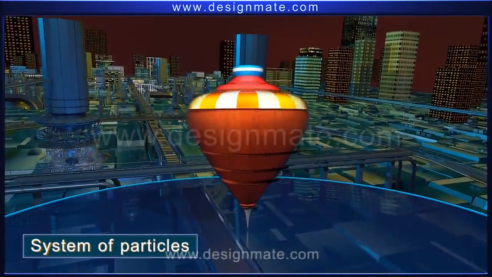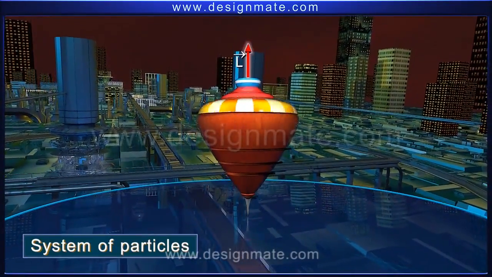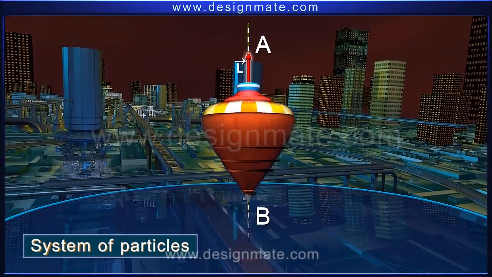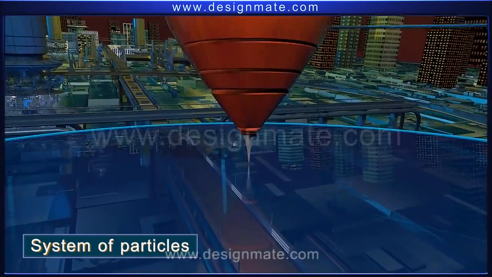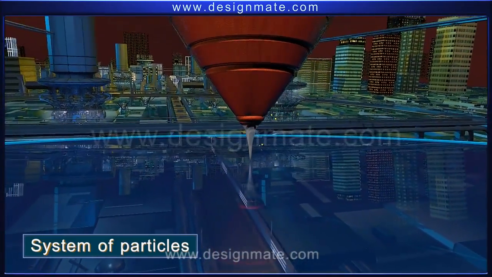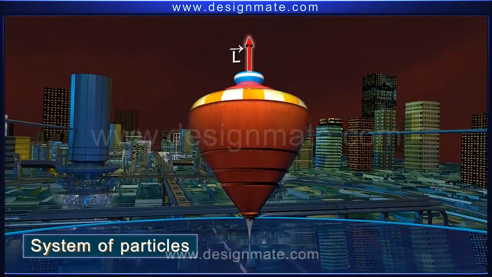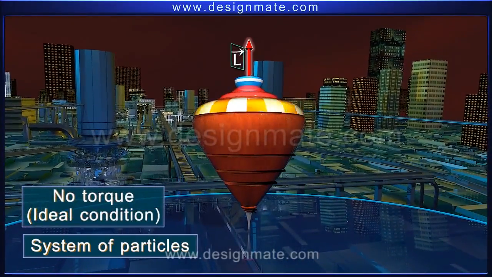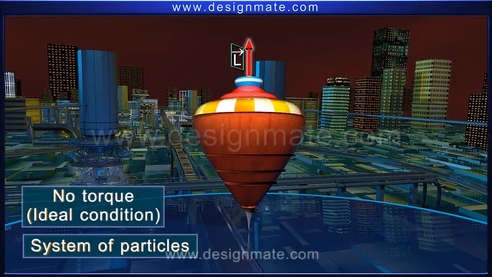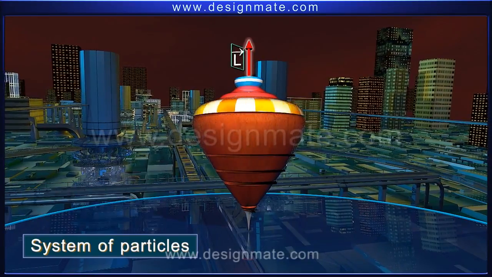A spinning top also possesses angular momentum about the line AB, whose direction is given by the right-hand rule. If we neglect friction, we can say that there is no external torque acting on the top. Thus, there is no change in its angular momentum.